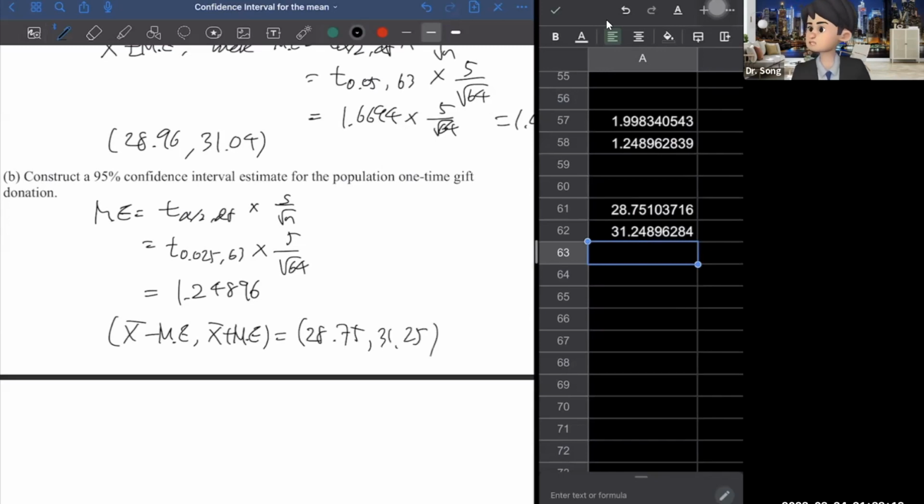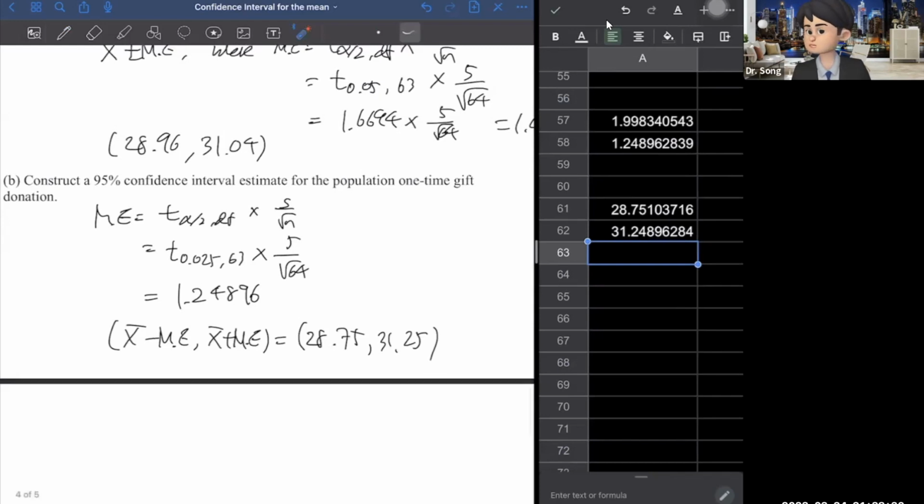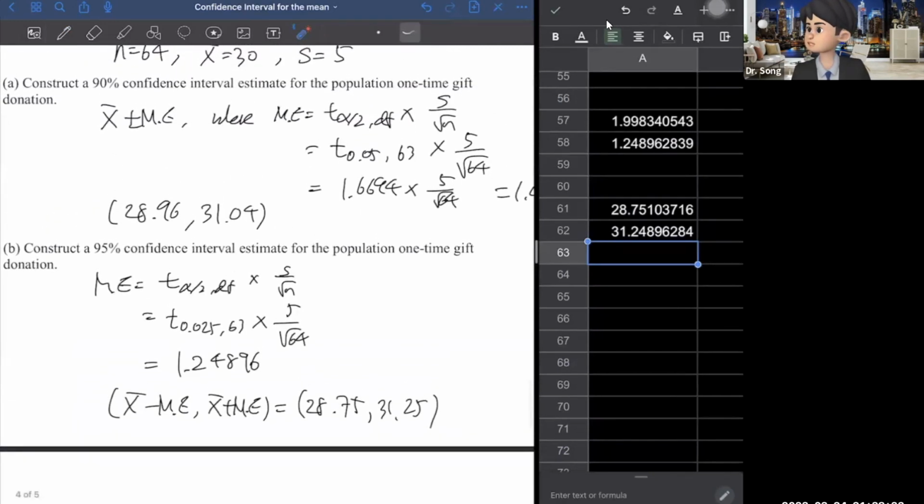That's the upper bound. So we are 95% confident that the population one-time gift donation would be located between $28.75 and $31.25. That's it.